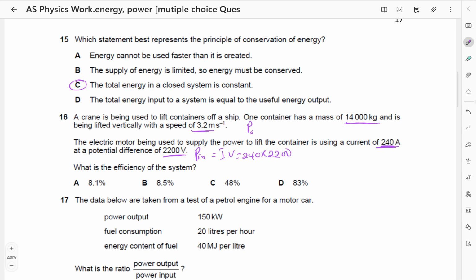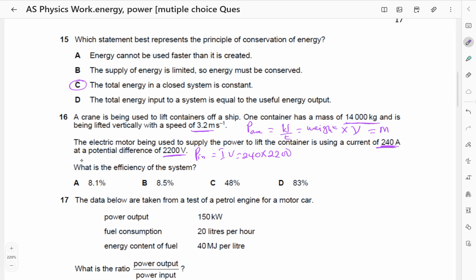Then the power output is going to be the work done to move the containers in the vertical height over time taken, which is actually the force, the weight, times the velocity V, because the work done is mg times h, but h over t will give us the velocity.